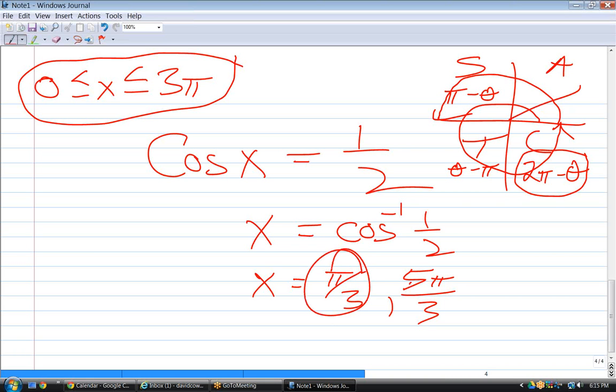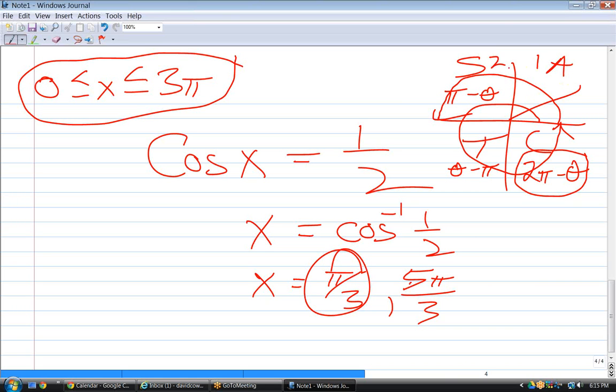Start with the first quadrant and just add 2 pi to it. Yeah, because it's in the fifth quadrant, so to speak.